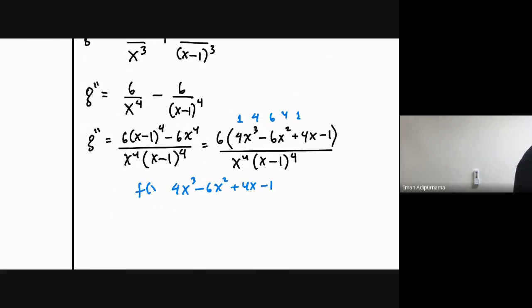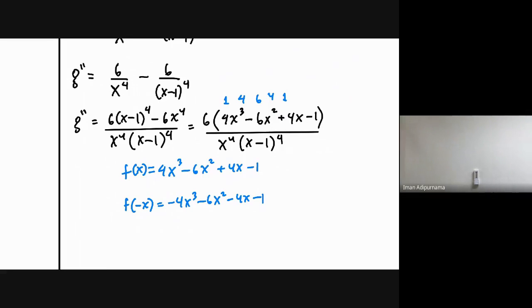So I'll write 4x cubed. Let me make this a function of x, and I will also make the function of negative x. This will be negative, and a negative, and a negative.